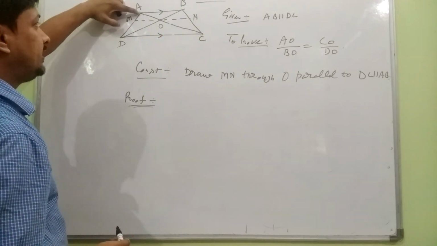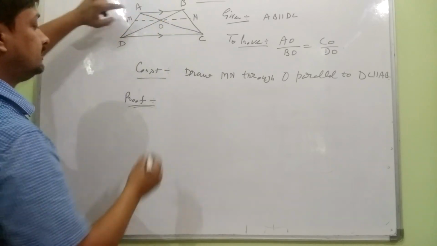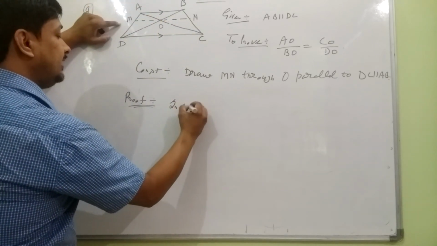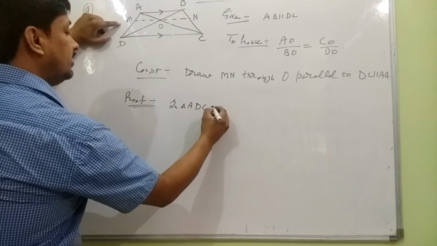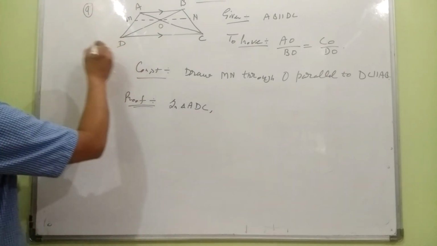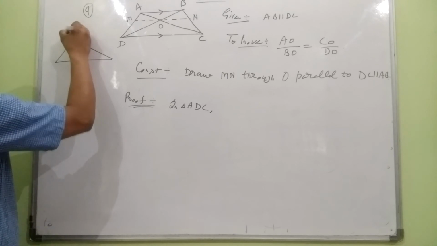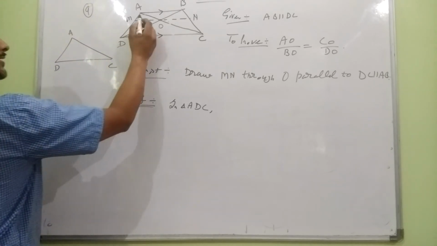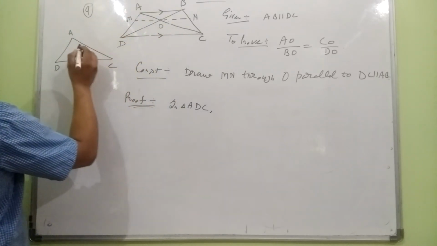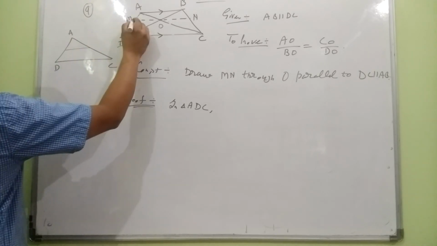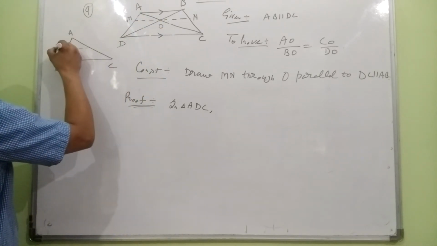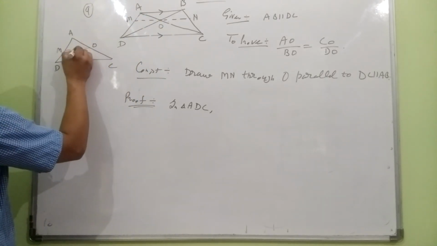So I am taking triangle ADC. In triangle ADC, if you are having difficulty seeing the figure, I am making a new figure here. It is triangle ADC. This part I have taken, and this MO is parallel to DC.